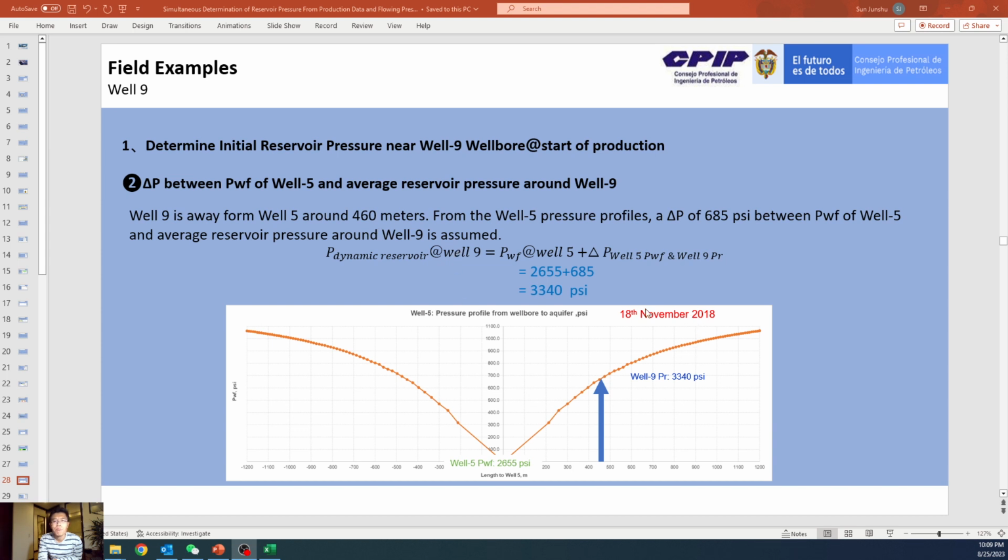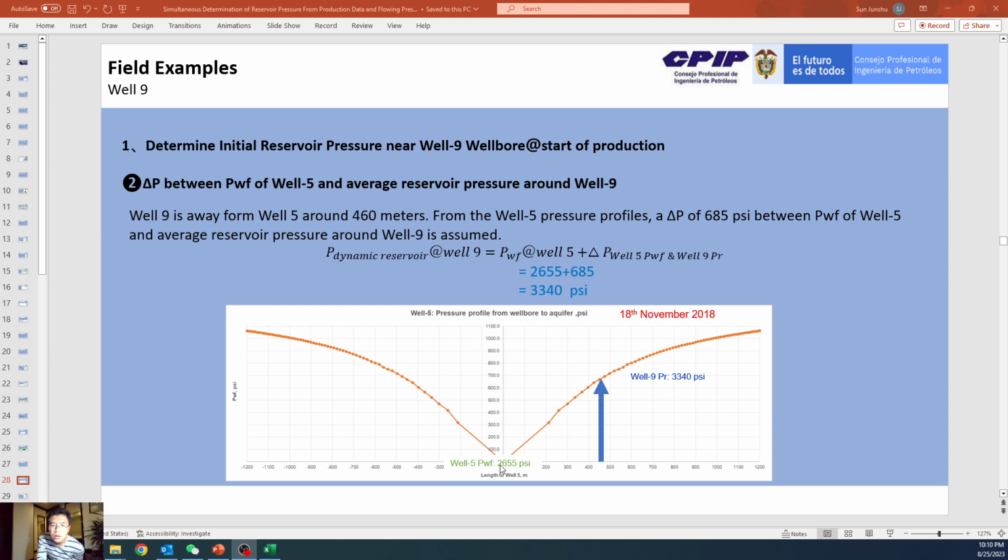From the well number 5 pressure profiles, a delta P of 685 psi between the flowing pressure of well number 5 and the average reservoir pressure around well number 9 is assumed.